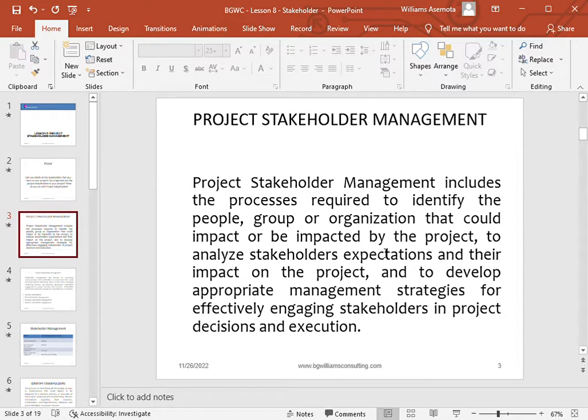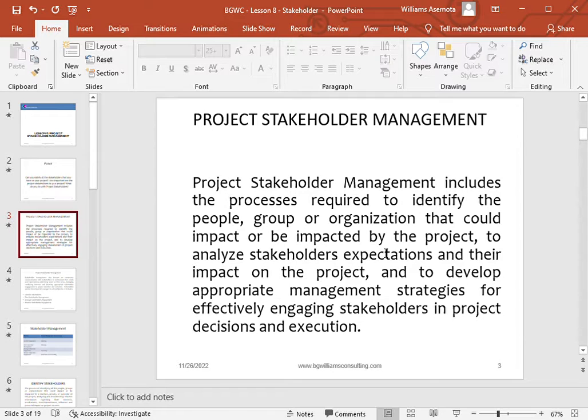Now, when we look at stakeholder management, it is all encompassing, which simply means we are going to make sure we identify all the possible stakeholders from the beginning.